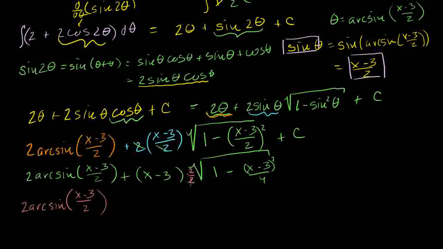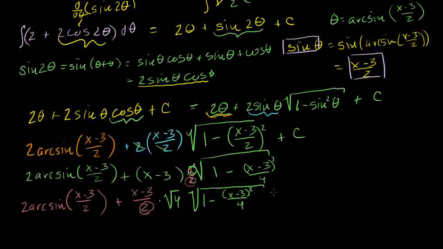And then I could take this denominator 2 right here. So I say plus (x minus 3) over 2. That 2 is that 2 right there. And then I could write this 2 right here as the square root of 4 times the square root of all of this, 1 minus (x minus 3) squared over 4.